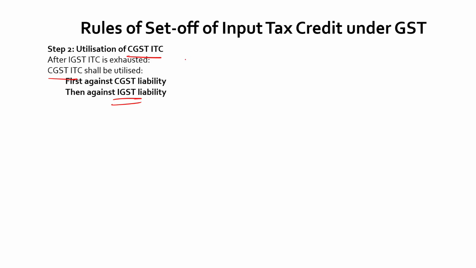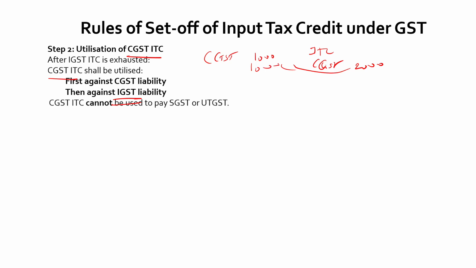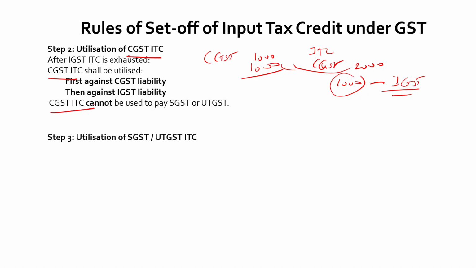Suppose you have a payment liability of 1000 of CGST, and you have input tax credit of CGST of around 2000. You can utilize 1000 of it entirely against the 1000, and the remaining 1000 can be utilized against IGST. We will understand this with a simple problem; that time it will be more clear. One more thing: CGST cannot be utilized for SGST and UTGST.